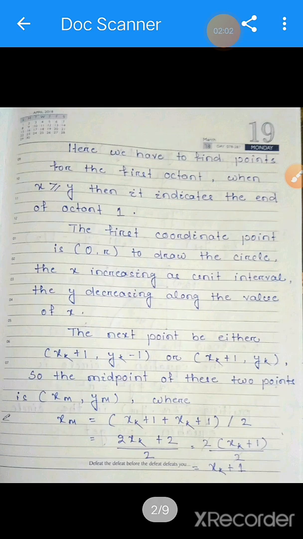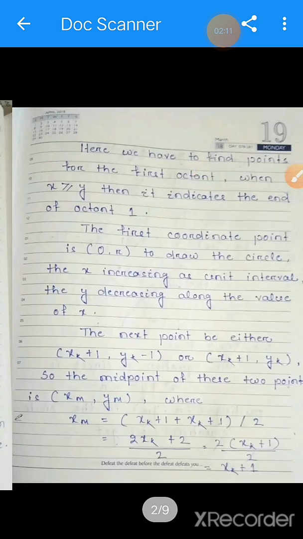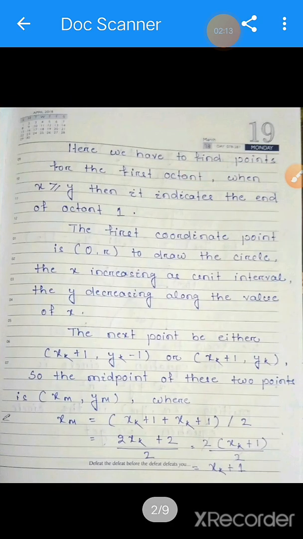After the first octant, the other 7 octants can be found using only the reflection procedure. When it reaches x greater than y, we will stop this procedure. That means we can find out the first octant.